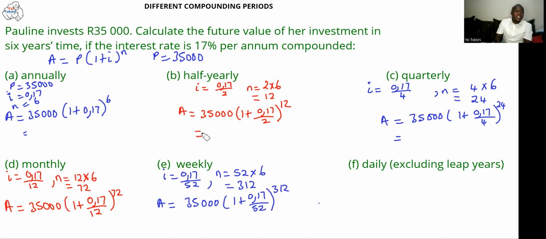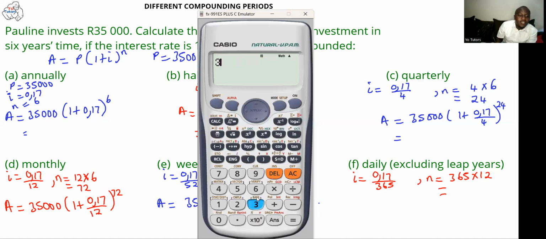Okay, now let's see the last part, which is our daily. The daily here, I is going to be equal to 0.17 over 365. And when you've got 365, remember how to get n. n is going to be equal to 365 times 6. And what is 365 times 6? Let's see here.